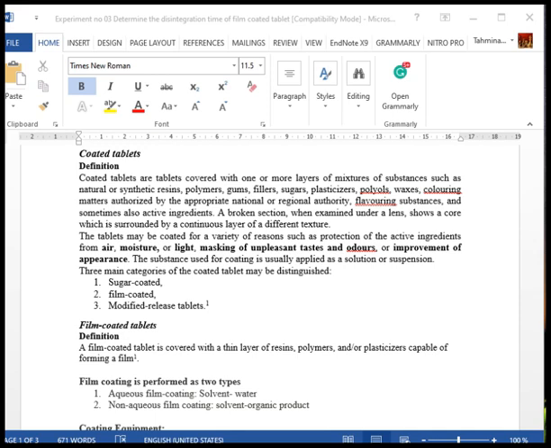The tablet may be coated for a variety of reasons. What are these reasons?